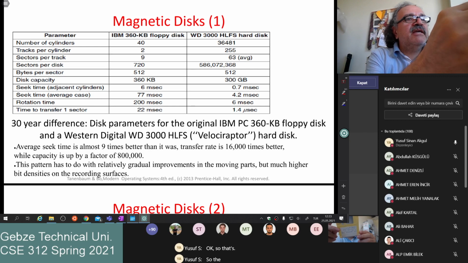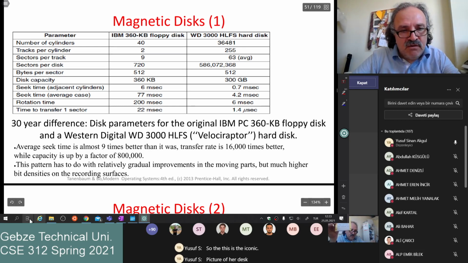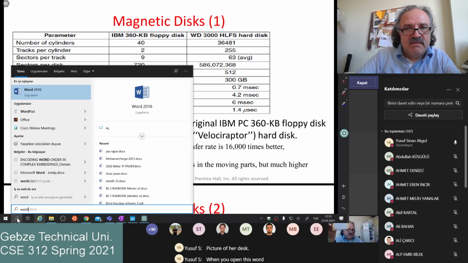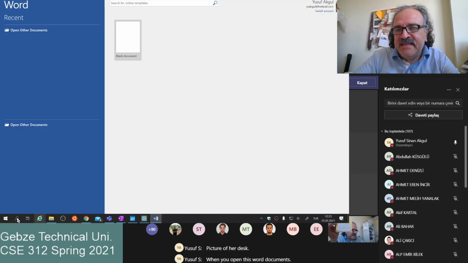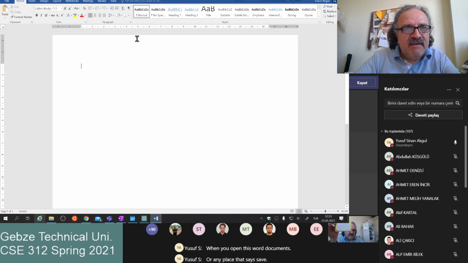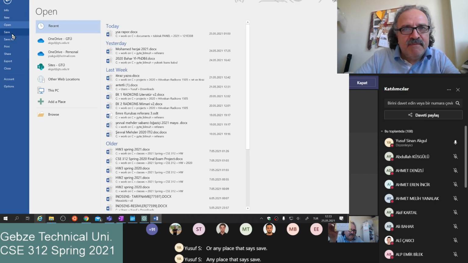This is an iconic picture of a disk. When you open Word documents or any place that says save, do I have it? No, unfortunately they removed it.